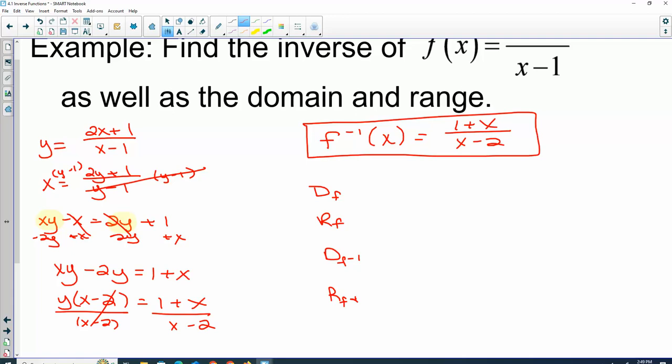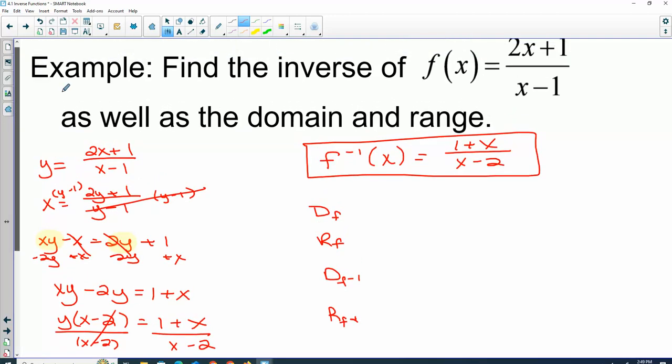Okay, if we look back at the original function, the domain of the original function, we know that in a fraction, what cannot happen? The bottom can't be 0. So x can't be 1.